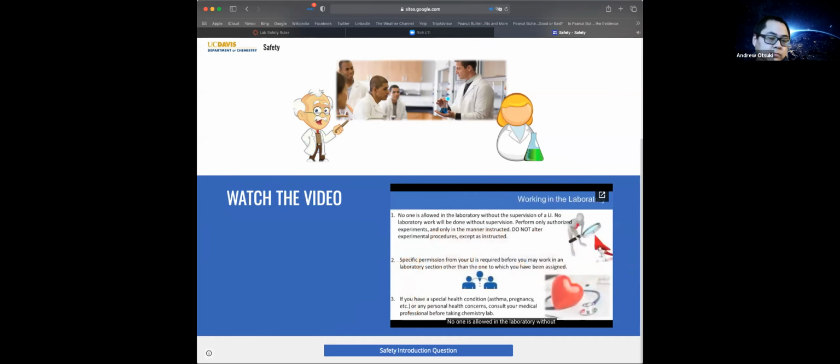No one is allowed in the laboratory without the supervision of a lab instructor. No laboratory work will be done without supervision. Perform only authorized experiments and only in the manner instructed. Do not alter experimental procedures except as instructed.